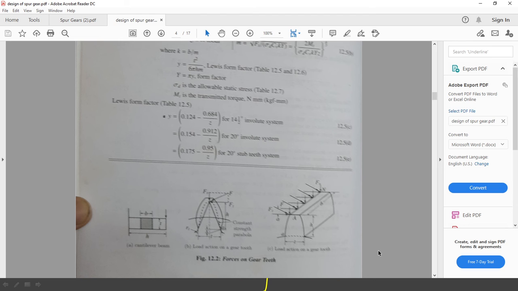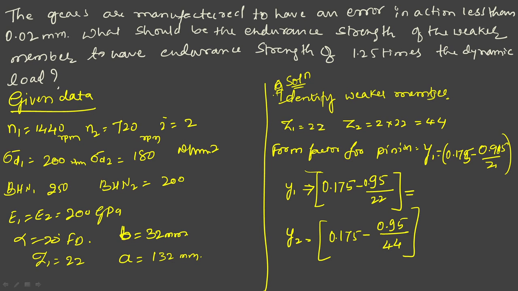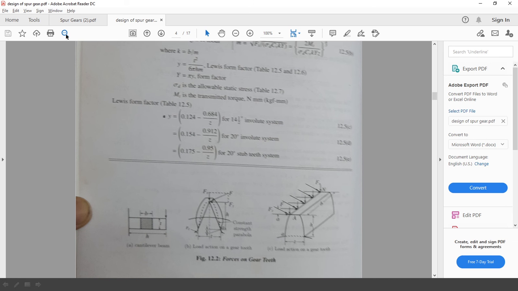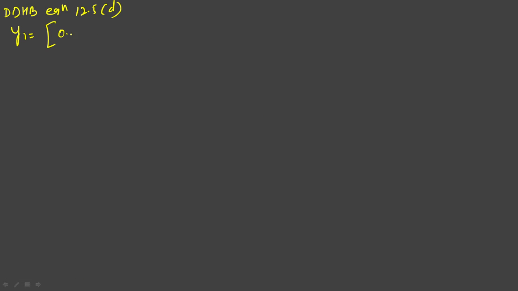Now they have gone for 20 degree full depth involute, not stub. So you go for equation 12.5d, full depth involute, FDI. Refer to the design data handbook, equation number 12.5d: y1 equal to 0.154 minus 0.912 divided by Z1.